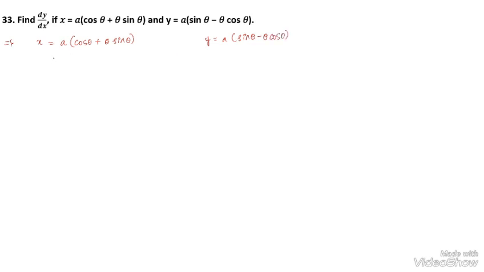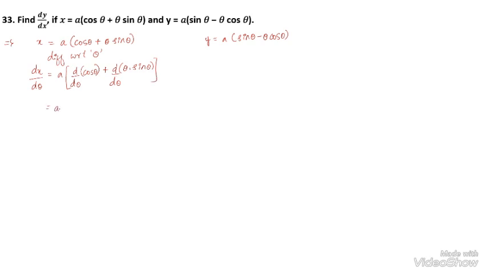Okay, I can differentiate with parameter theta, that is dx divided by d theta. Here a is a constant. Differentiate with respect to theta. I can take it separately: cos theta plus d by d theta of theta into sin theta.